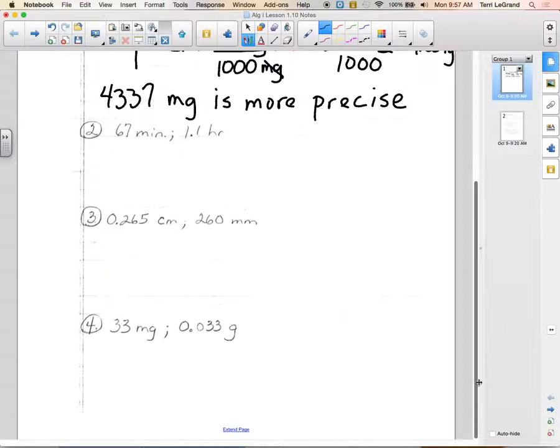John? I think the hours are more precise because 0.1 does not come out to a whole minute, and so it'd be like 67 point whatever minutes. Say 1.1 hours would be like 1 hour and 6 minutes. 1 hour and 6 minutes, okay?